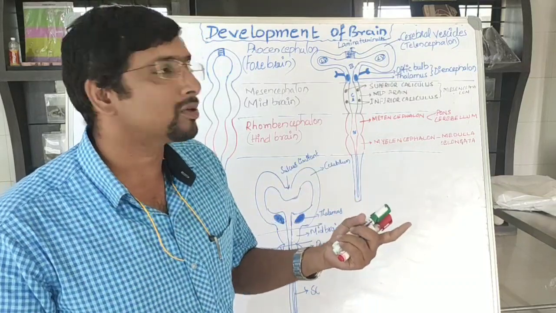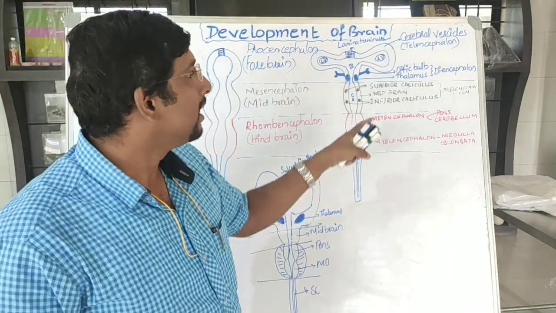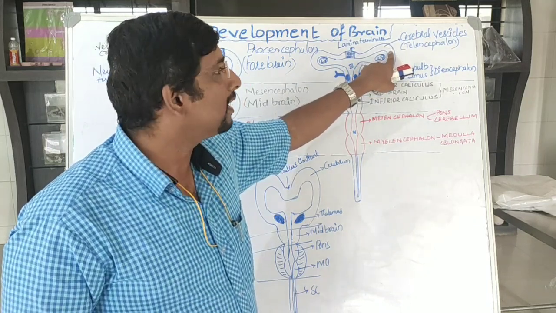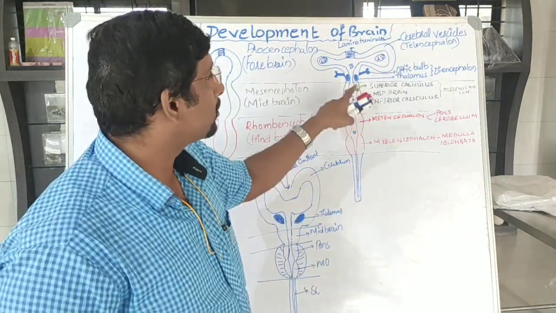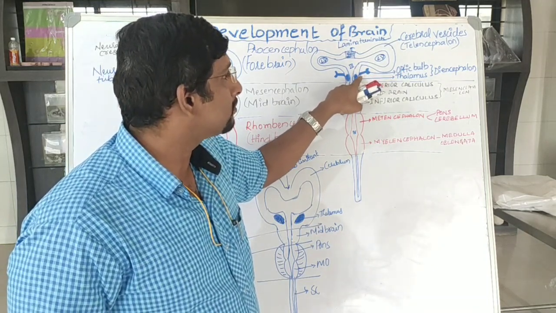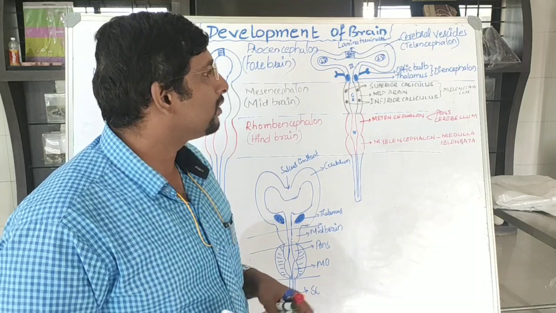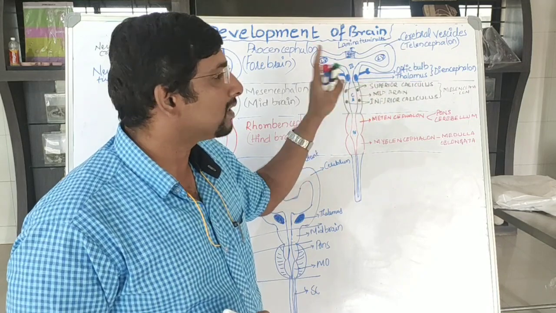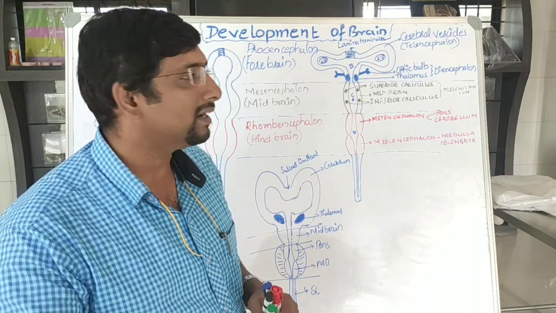But on either side of the prosencephalon, lateral bulgings take place, and that lateral bulging is called the telencephalon or cerebral vesicle. The portion which does not bulge out is called the diencephalon. There are also small bulges of the optic bulb, and a small portion of the thalamus develops in the diencephalon. All types of thalamus come under the diencephalon. We'll see later what structures form in the brain.